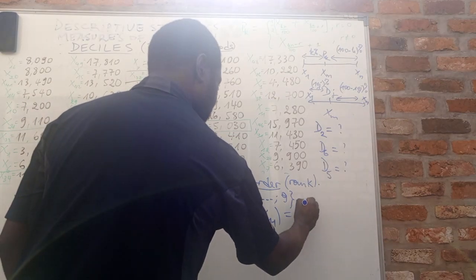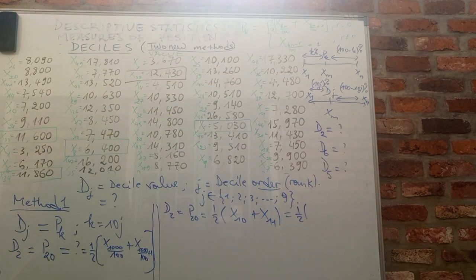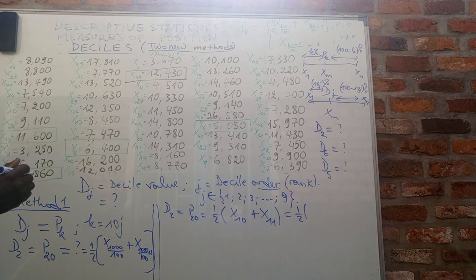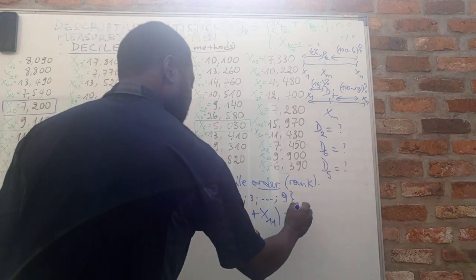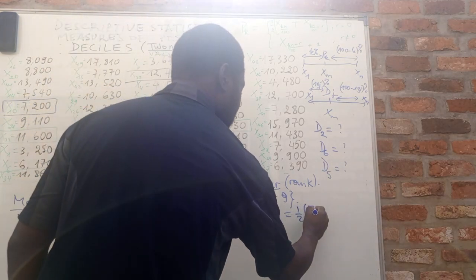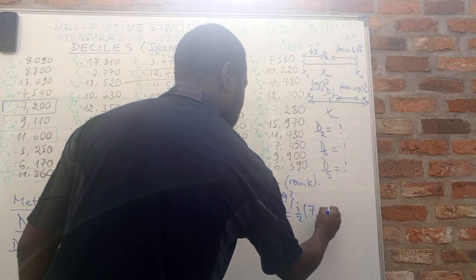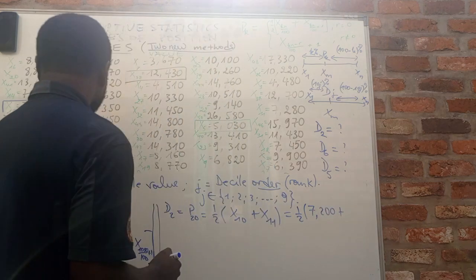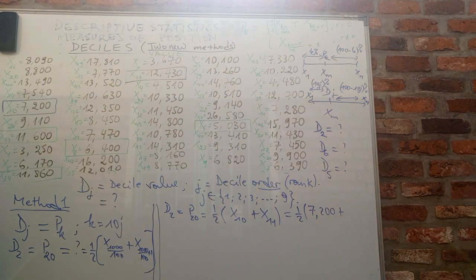We can substitute x10. So x10 is over here, x sub 10 is 7200, plus x sub 11.